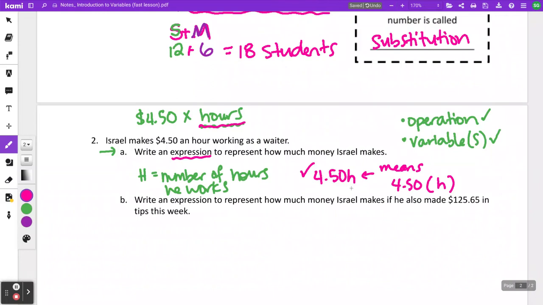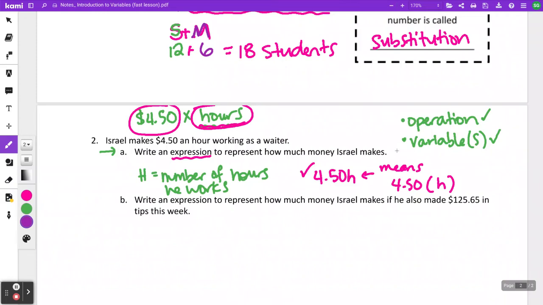4.50 times H represents how much money he makes. Because to find his total money, I'm just taking the amount he makes per hour and multiplying it by the number of hours. And that's exactly what this right here in pink says. Now there's a second part to it. The second part says write an expression to represent how much money he makes if he also made $125.65 in tips this week.